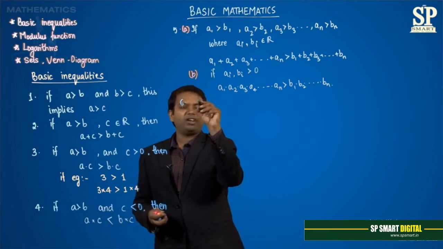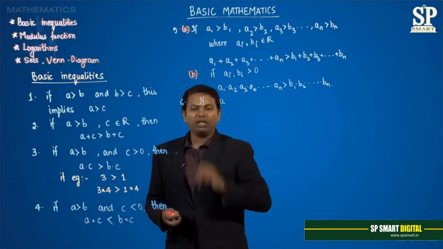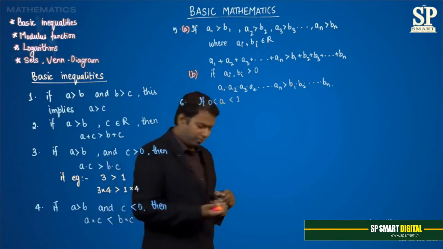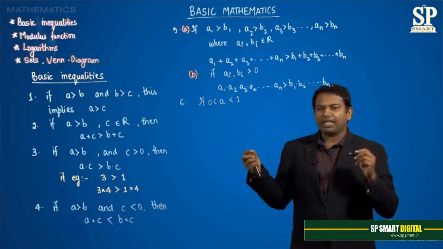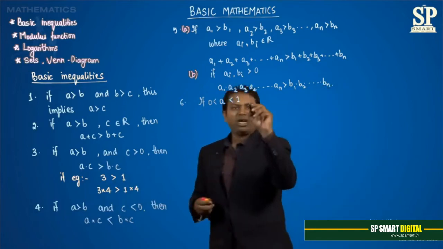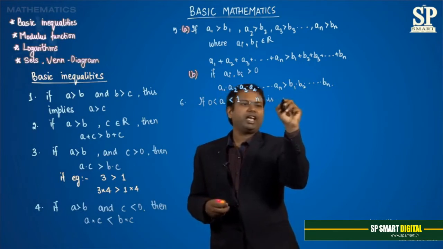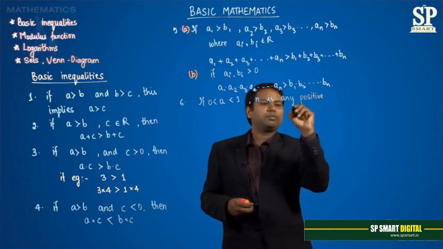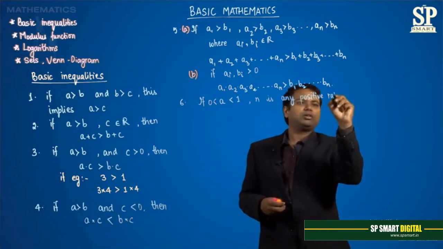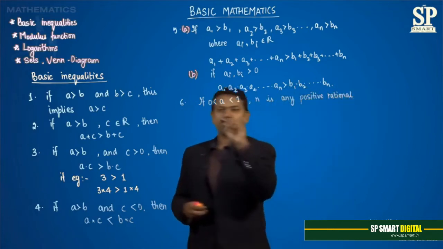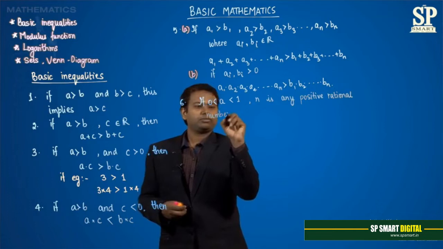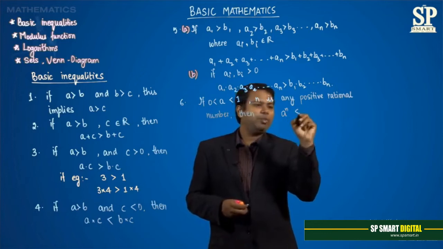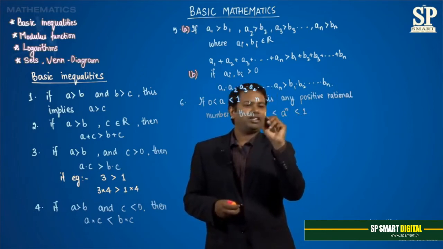Moving on to inequality number 6. Now suppose A is a number such that A is less than 1 and A is greater than 0. That is to say, A lies in between 0 and 1 and N is any positive rational number, then A to the power N remains less than 1 and greater than 0.